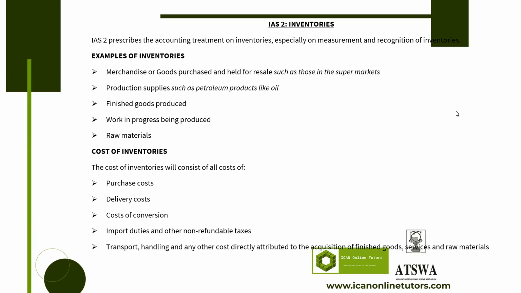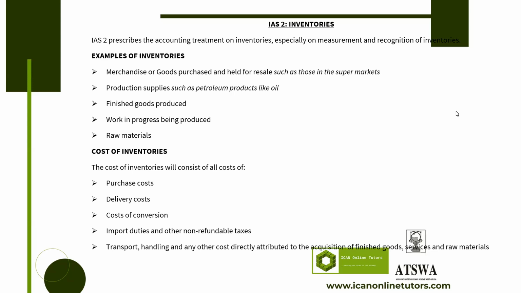the likes. In determining the cost of inventory, what are the cost components that are required? What are the cost components that we need to consider for us to be able to properly state the cost of inventory? Examples include, number one, purchase cost.